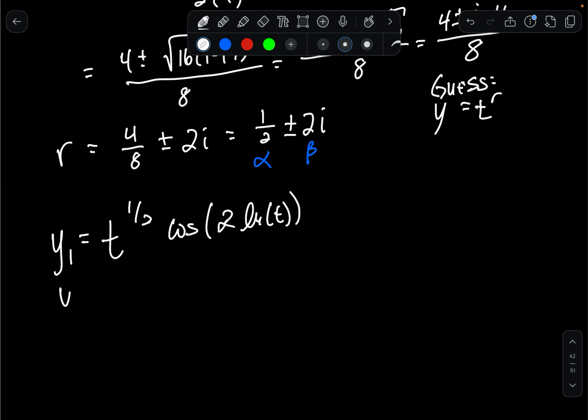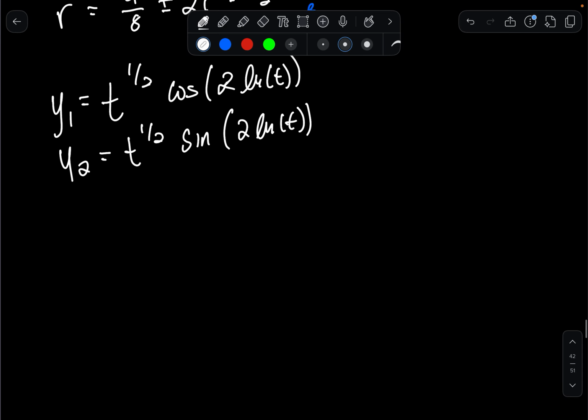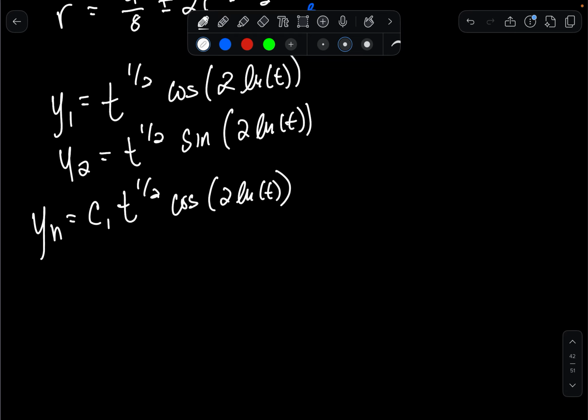And then your second solution is t to the 1/2 sine of beta natural log of t. Okay, so our homogeneous solution just puts constants in front of these and adds them together. So c1 t to the 1/2 cosine of 2 natural log of t plus c2 t to the 1/2 sine of 2 natural log of t.